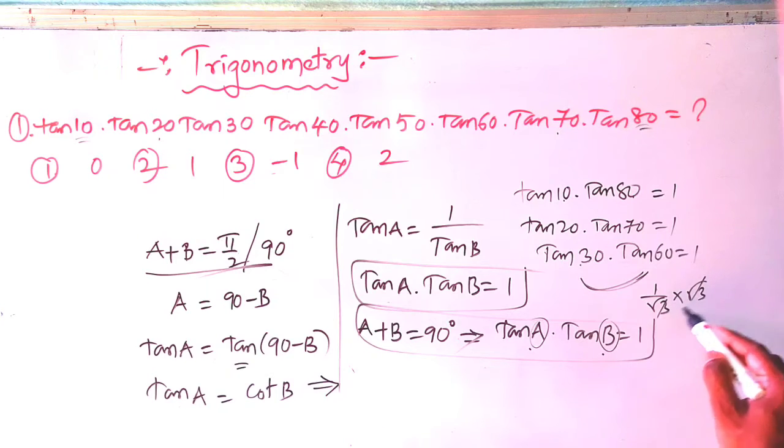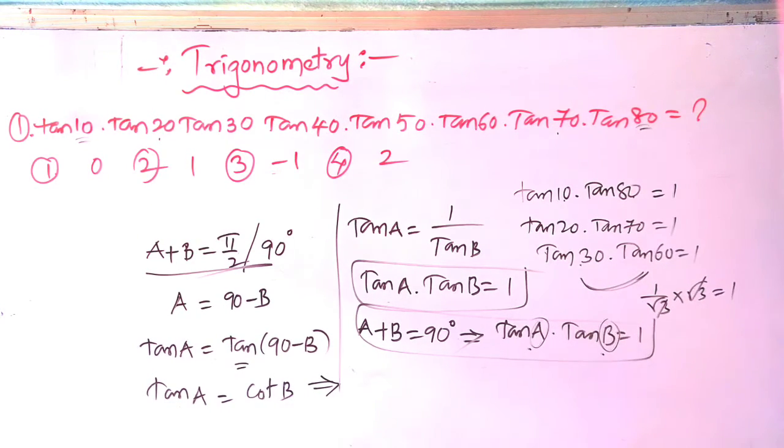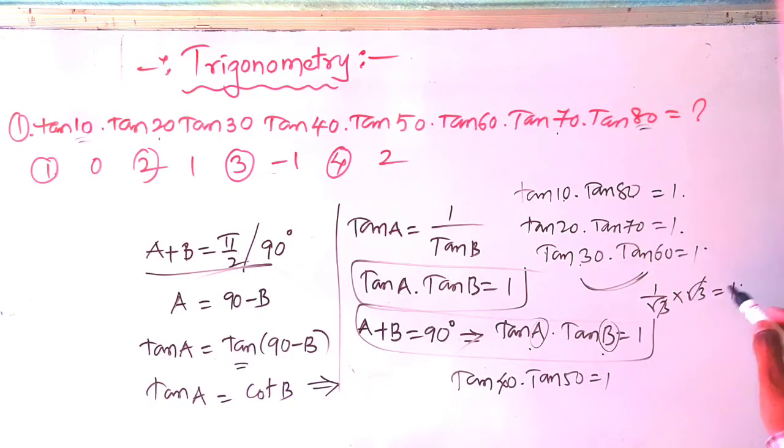So root 3 gets cancelled, we get 1. So this is possible. Next tan 40 into tan 50 is also equal to 1. Okay, so 1 into 1 into 1 into 1. What we get here? 1. So option 2 is the right answer. Clear?